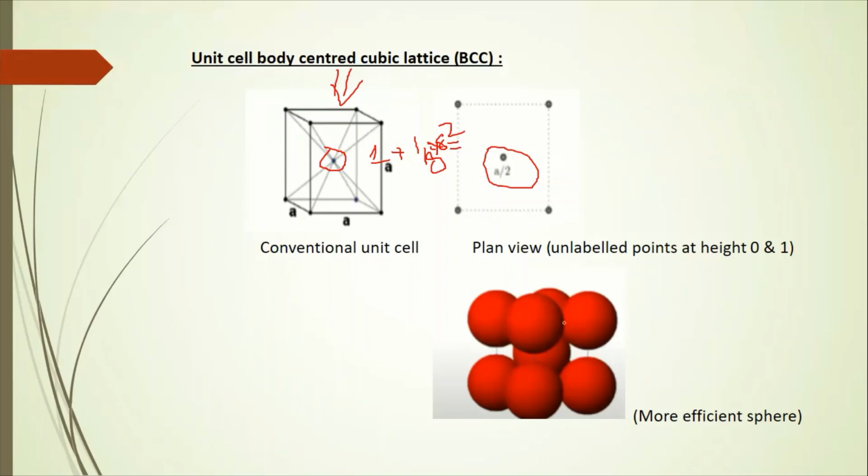You can encounter this kind of notation, that would be obviously 2 points here because it's labelled with one to reproduce this entire picture. So here was something about the plan view, and you can also see the more efficient sphere packing of the body centered cubic lattice.